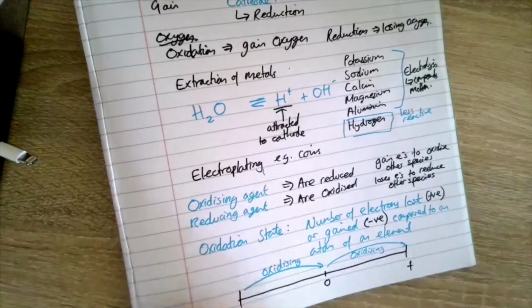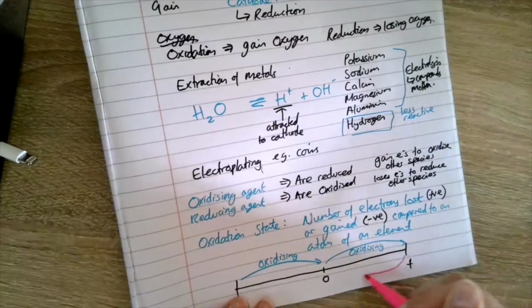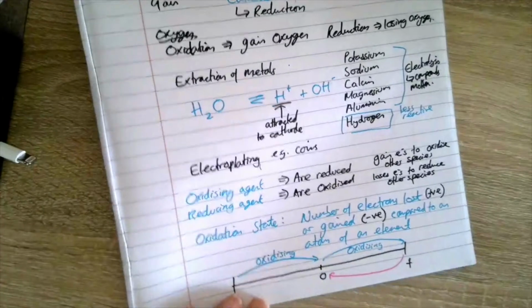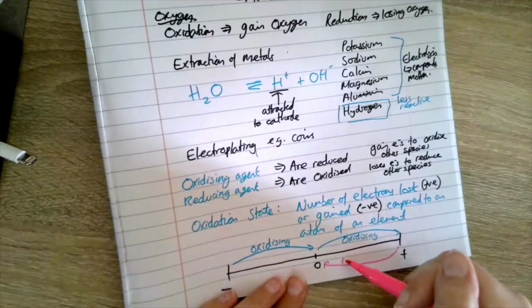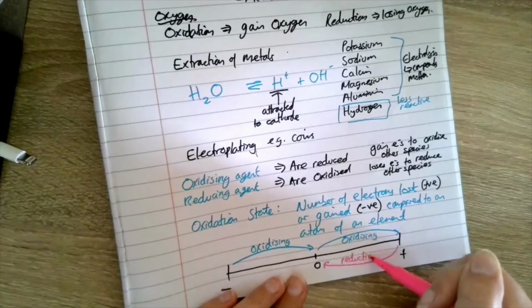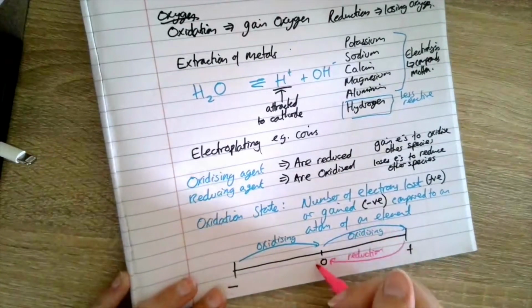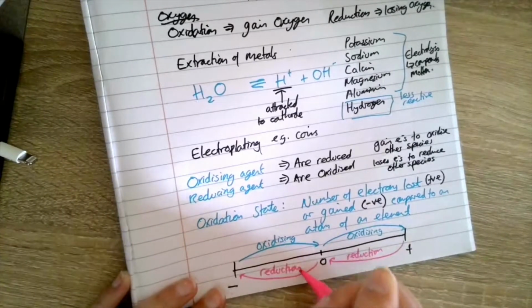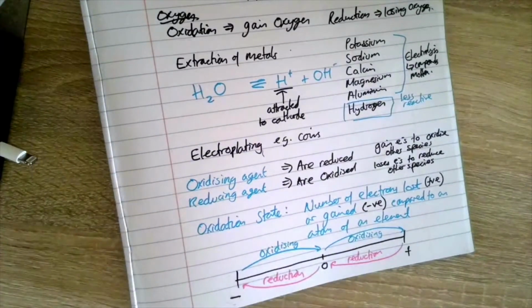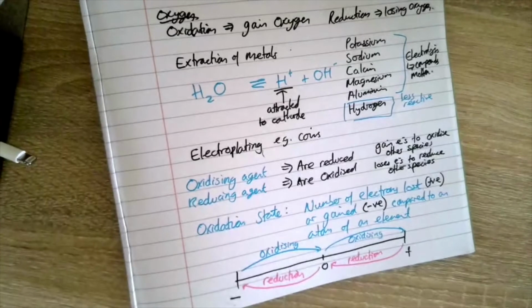Whereas going from positive towards neutral, you're having to gain electrons, and so we've got reduction happening. And then again, to become more negative, you're having to gain those negative electrons, and so it's reduction again.